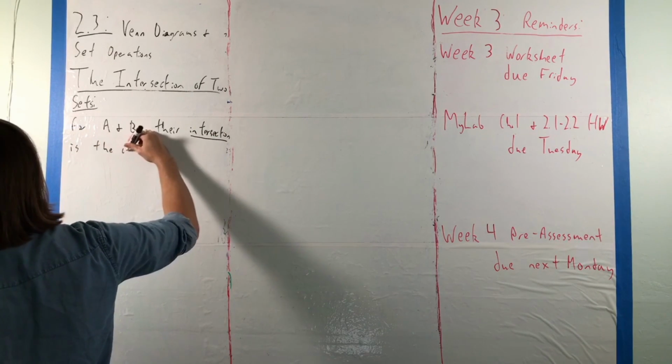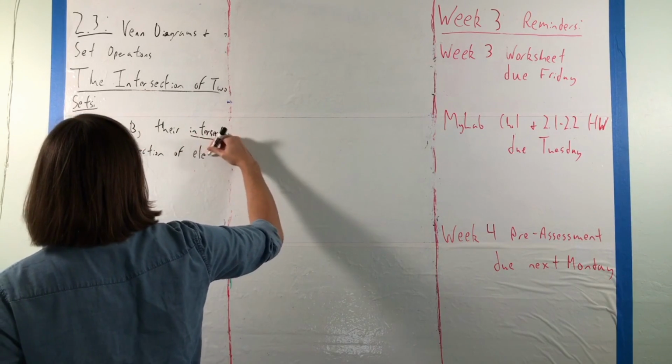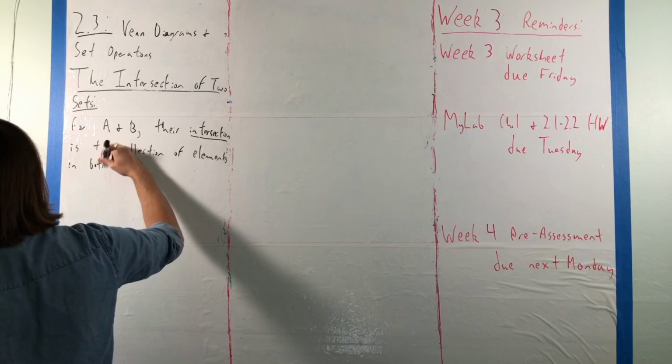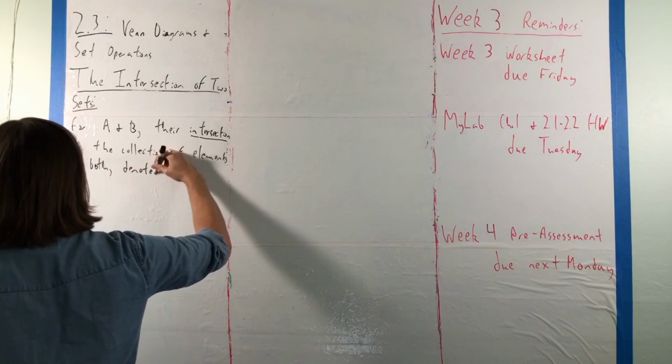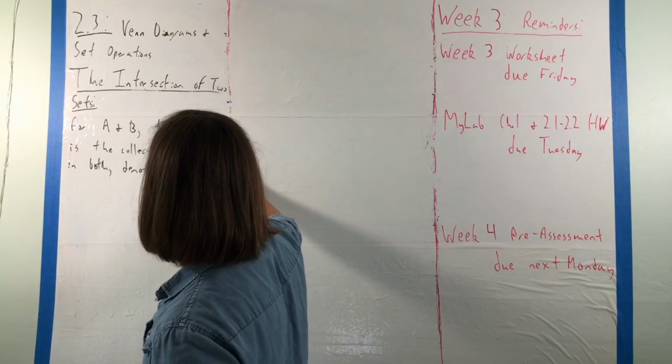It's the collection of elements in both, and it's denoted A, and I call the symbol cap.